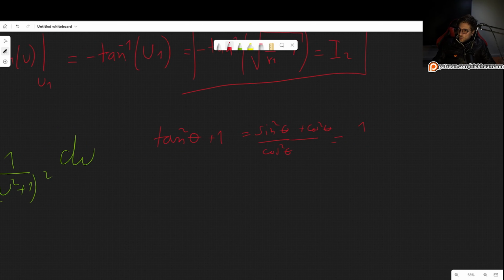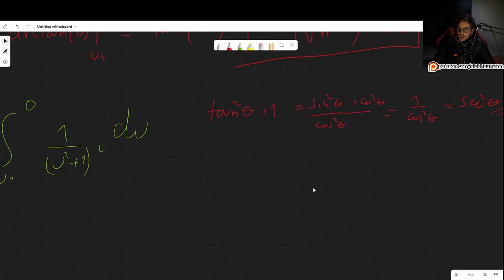So we get 1 over cosine squared of theta, which is secant squared of theta. All right, so that is why using a substitution of the form u equals tangent of theta is very useful. And also because the derivative of tangent is precisely secant squared of theta d theta.